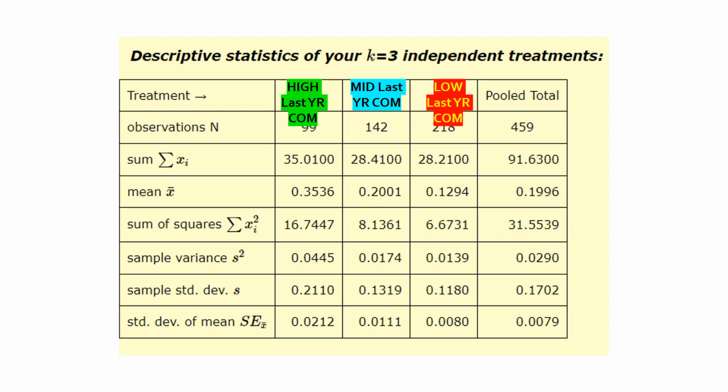And so if you look at the mean of the COM-score, and it's not in percent, but you can just multiply by hundreds percent. So it'd be 35% that were high last year versus mid last year in consistency were 20% and low were 12. 35, 20, and 13. Wow, big difference in the averages.